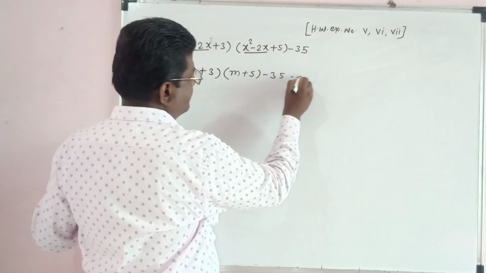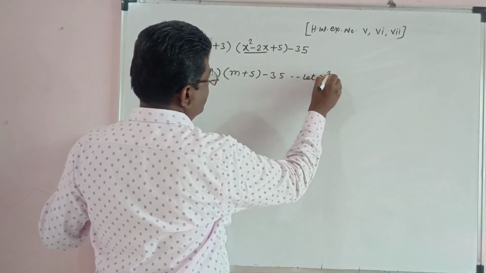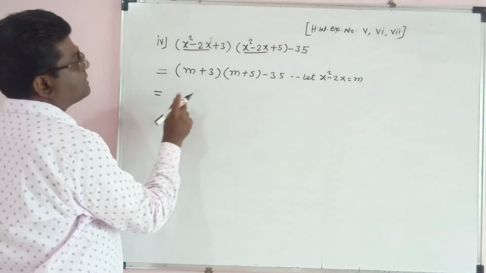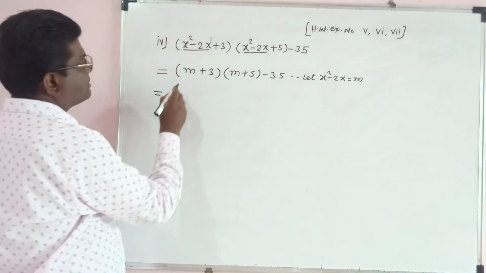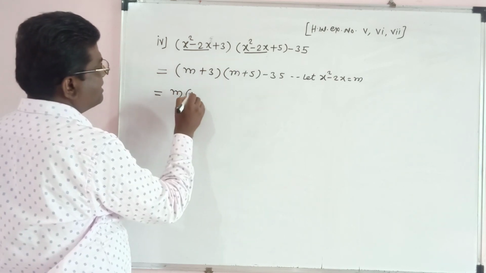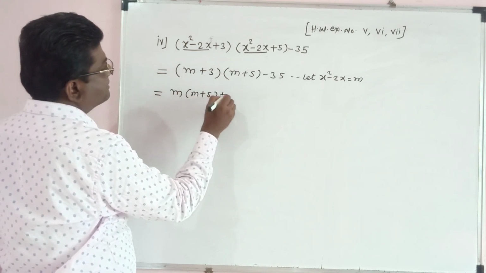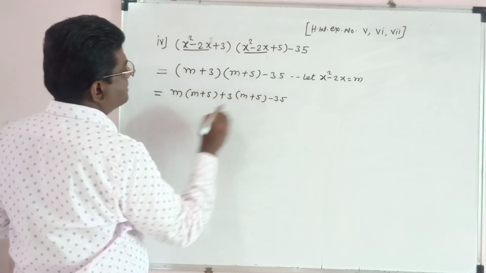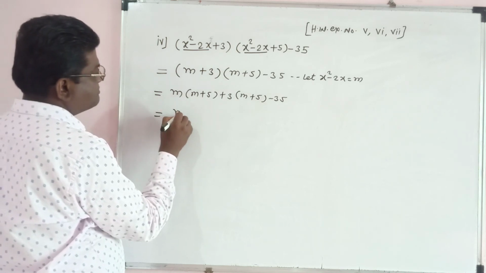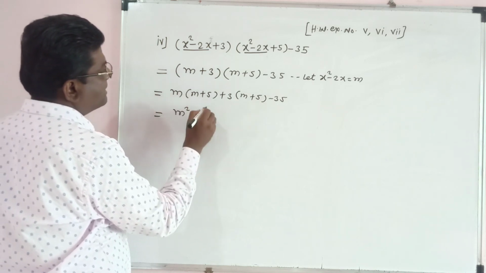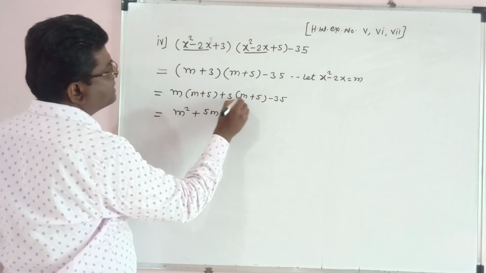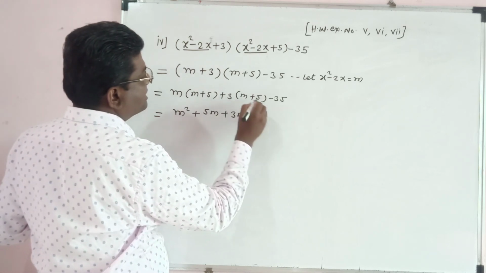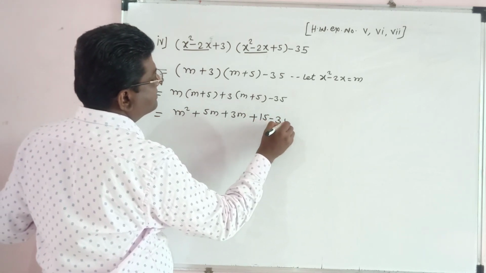Now multiply these two brackets, so m into m plus 5 plus 3 into m plus 5 minus 35 is equal to m into m, m square, m into 5, 5m, plus 3 into m, 3m, plus 3 into 5 is 15, minus 35.